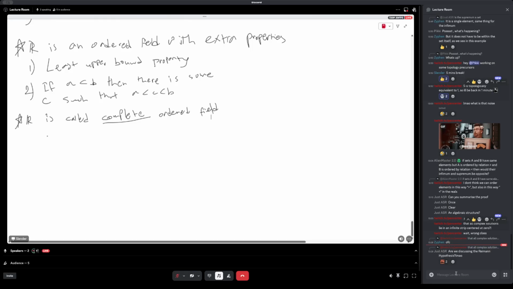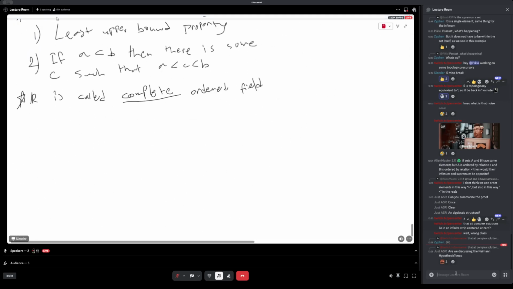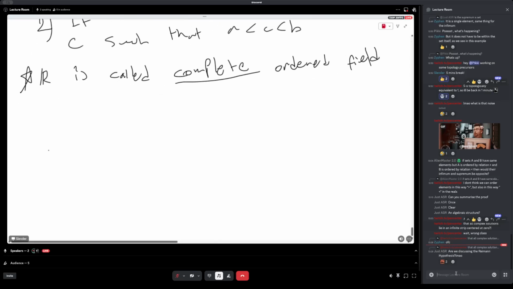There are a lot of interesting facts you can now prove about the real numbers. For example, the first thing you can prove is, let's say, a theorem.